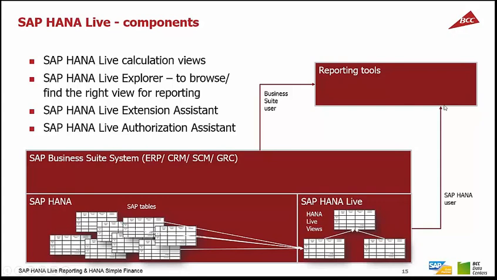Because if you report with SAP HANA Live, you have to connect directly to SAP HANA Database. That means you have to create the user authorization on the database level, not on the business suite user level. So this is a bit more complex, but you have also tools that can make it a bit easier.